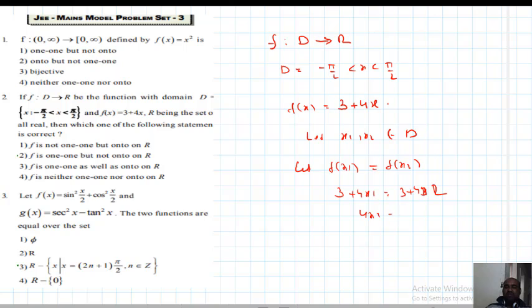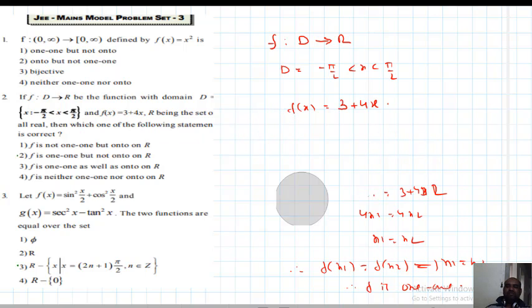Yeah, 4x1 equal to 4x2. Subtract 3 on the other side, divide by 4 on the other side. x1 equal to x2. What is the meaning of that? f of x1 equal to f of x2 gives x1 equal to x2. Therefore, f is one-one. f is one-one.